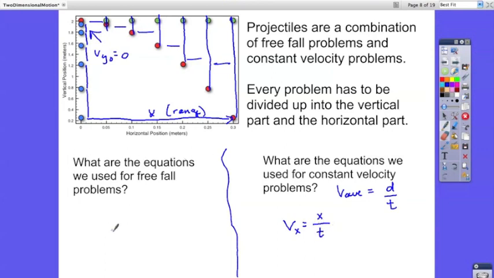Now there are a lot of equations for free fall. y equals y0 plus Vy0 t plus 1/2 g t squared. Now think about the signs on g. Sometimes we'll use positive and sometimes we'll use negative. If our initial y velocity is positive, then we'll need to use a negative value for g.